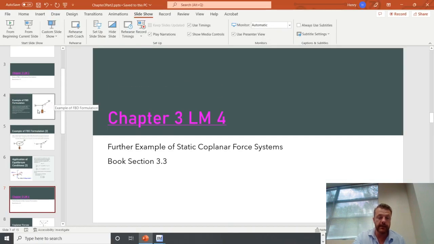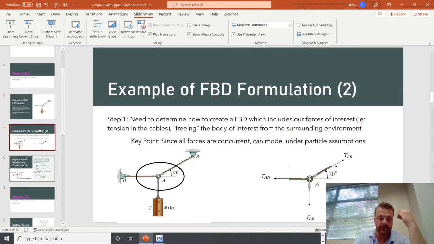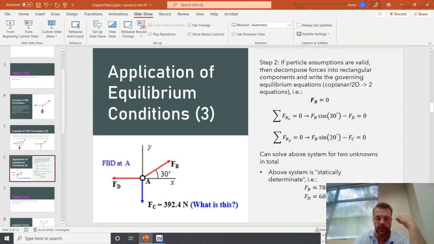Again, the key point is that if we're asked to solve for particular forces in reaction, such as in a cable, we need to find a portion of our physical situation that we can segment and draw a free body diagram. Ideally, on that portion, all the forces of interest will act. And in the two-dimensional scenario, since we have two equations of equilibrium, we're able to solve for two unknowns.